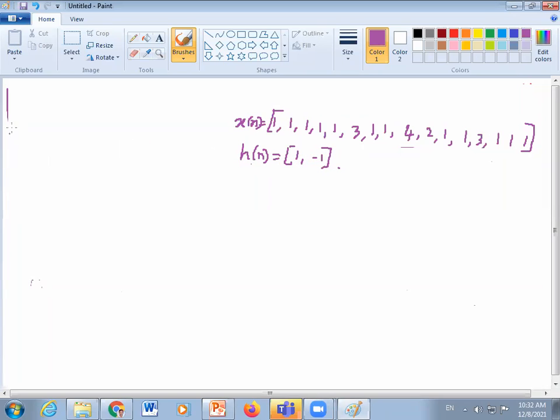Okay. So now using the overlap save method, we are solving the example. Let us write down the first block. x1 of n is equal to.